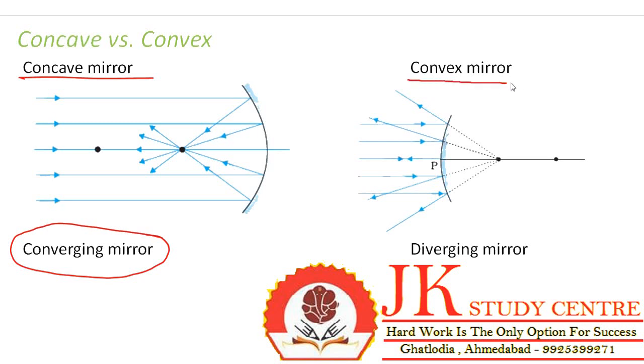Whereas in the case of convex mirrors, the incident rays, after striking the mirror, tend to diverge away from each other, and that is why this is known as a diverging mirror. Often it is asked in your questions which is a converging mirror, concave or convex. So you should remember all these things.